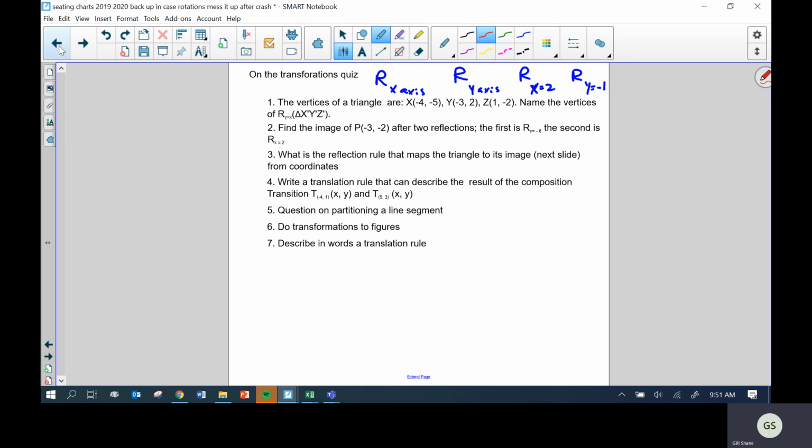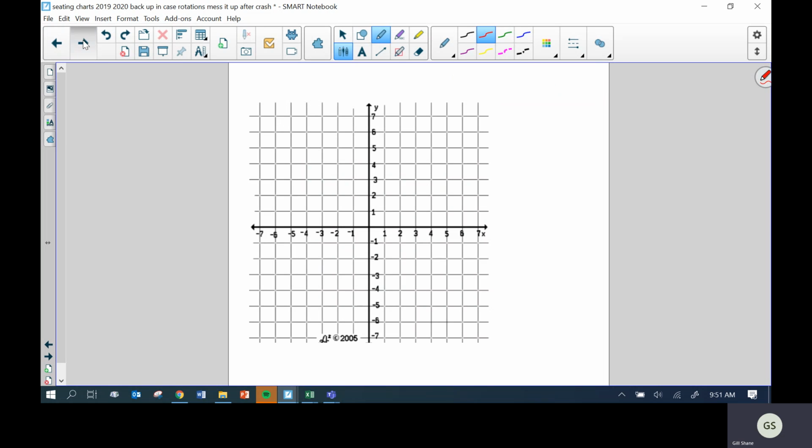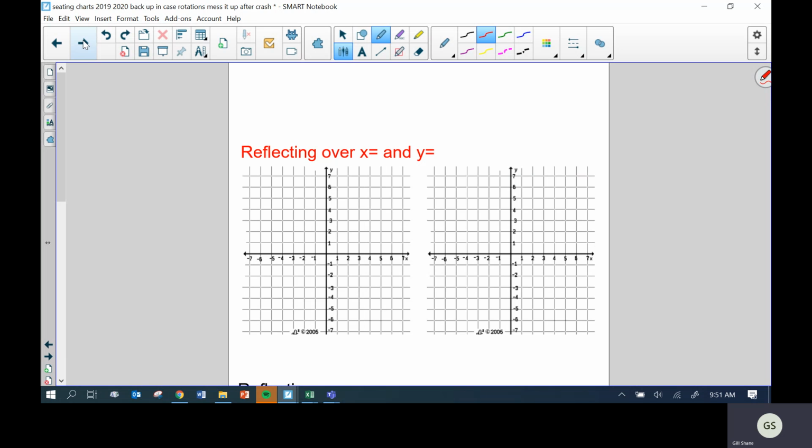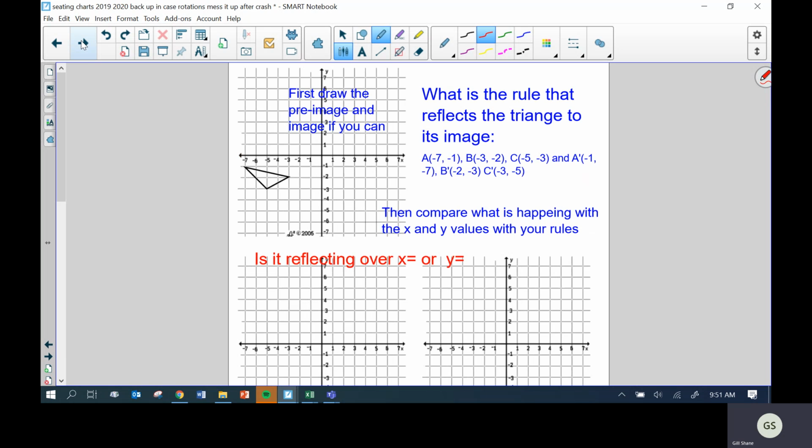So you also have to know how to write the rule. They don't give you an image, they give you coordinates. They give you 3 coordinates in the quiz, and they say, what is the rule that reflects the triangle to its image?